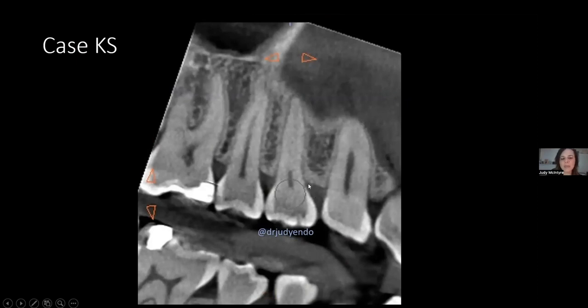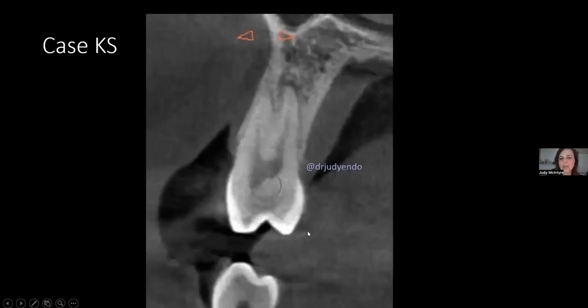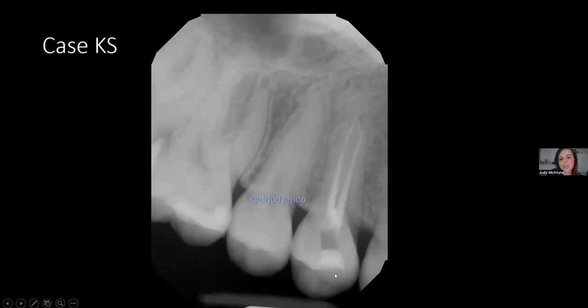It's not completely symmetrical. And it's very bulbous on the mesial. Possibly that is why I chose to go in through that darkened pit and do a leveraged access. And this was my fill.